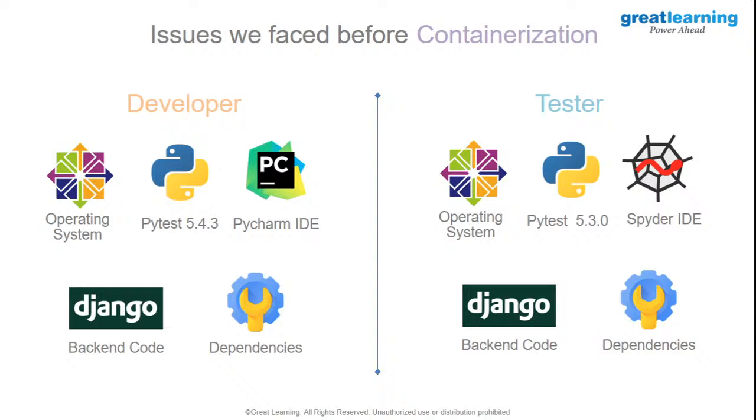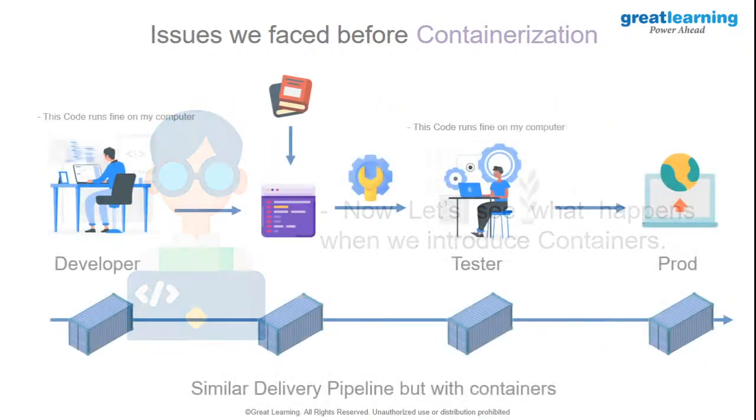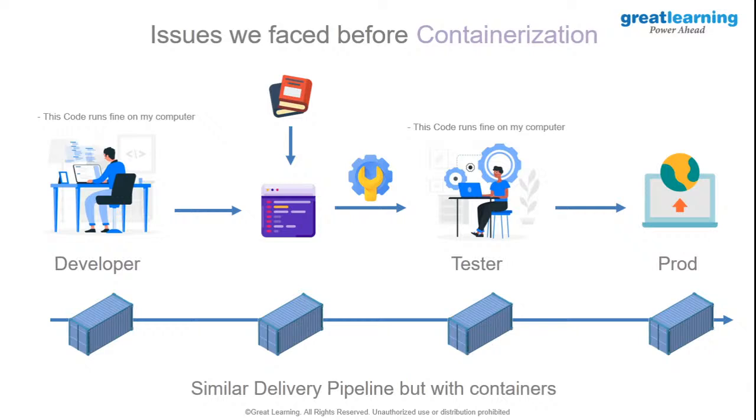So to rectify or mitigate this compatibility issue, what we do is we introduce containers. Containers are basically environments of themselves. So let's say you have three friends, and these three friends want to assemble a toy.